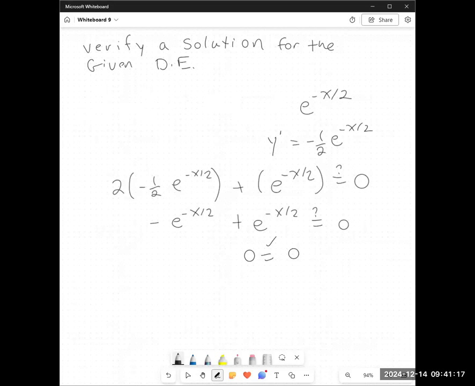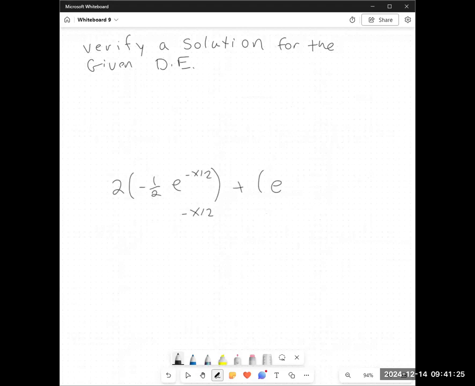Next one's a little bit more complicated because we have a more complicated solution to check. Give myself a little bit of space here. So we have a second derivative involved in this differential equation.